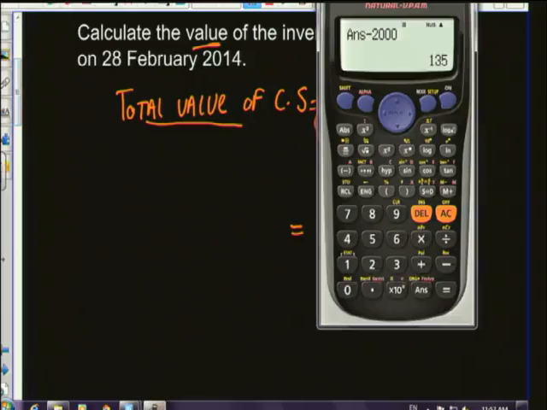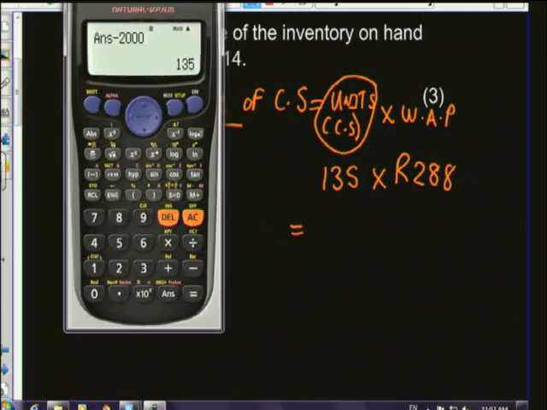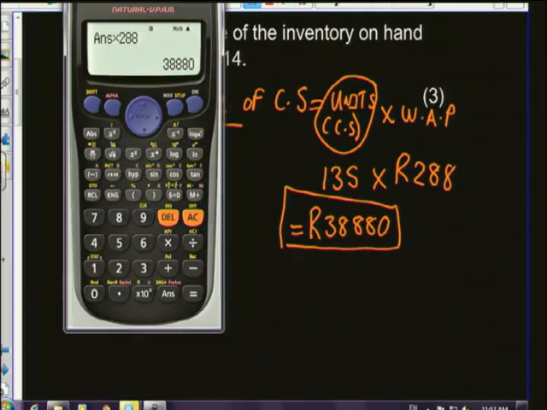So again, calculators out, 135 times 288, and that gives us a value of stock of 38,880. So let's write that down, 38,880. This is the value of our closing stock. Okay, you guys with me?